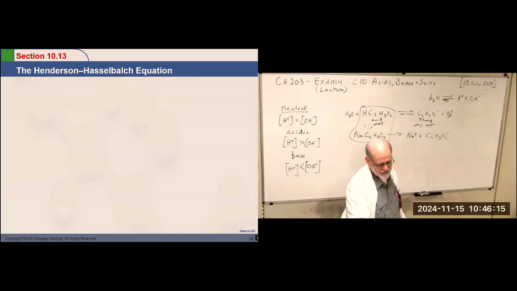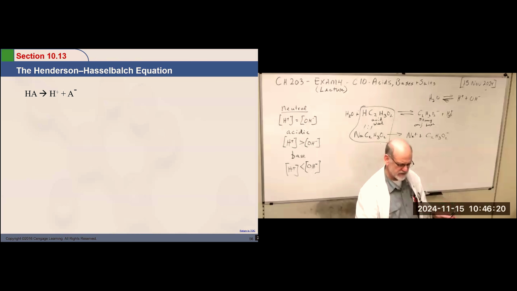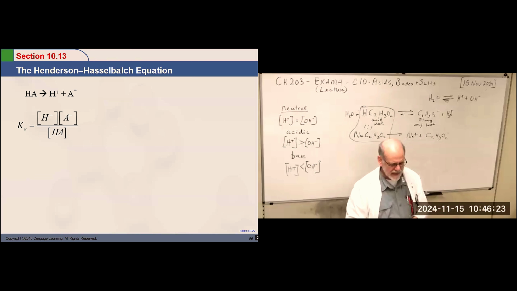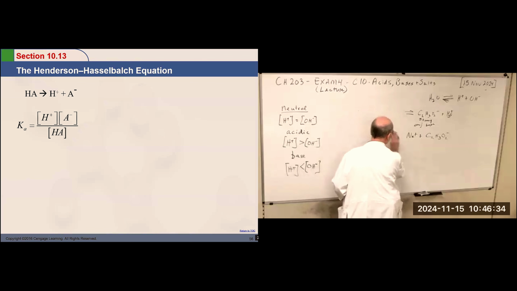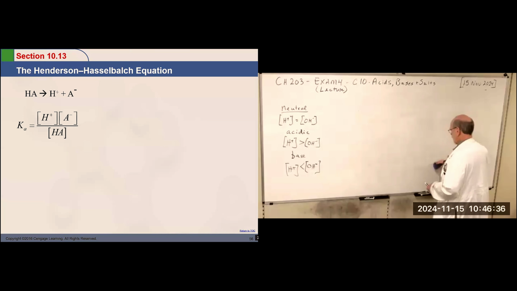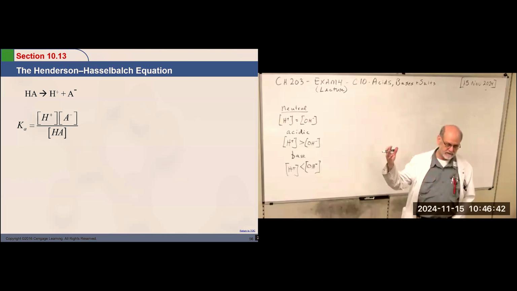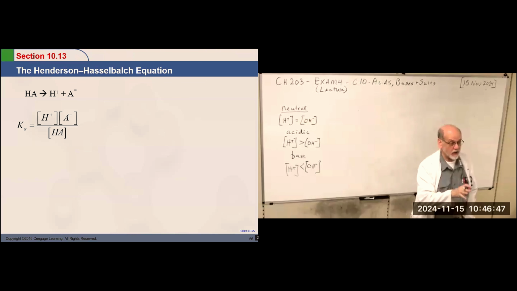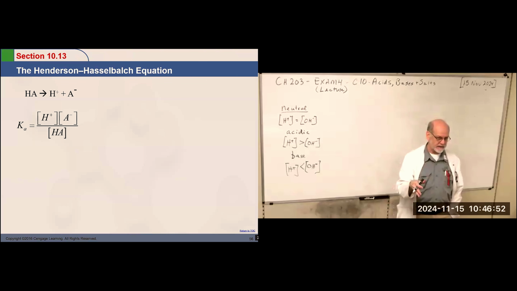All right. So first, a researcher called Henderson, can't remember his first name. Henderson was working with acid equilibrium solutions. And he wanted to know, if we had an acid of any kind and we put it in solution, what pH, what hydrogen ion concentration can we expect? Henderson was working before Sorensen introduced the idea of pH.